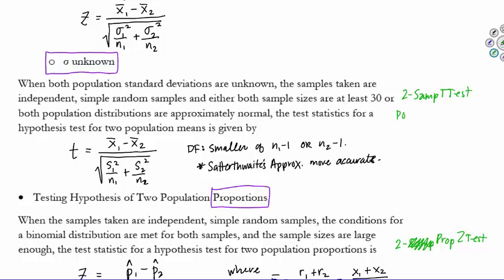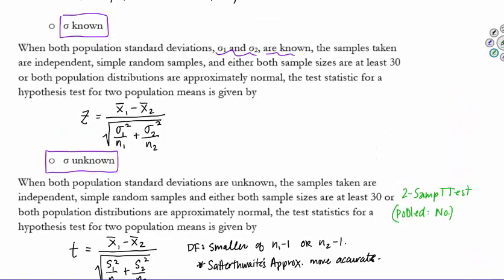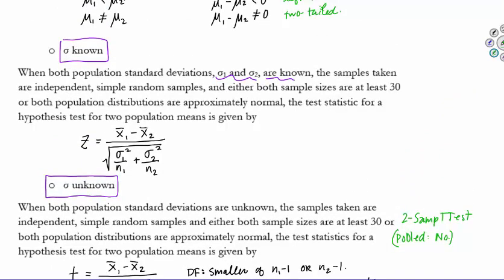When you get to the part that asks if the standard deviations are pooled, the answer is no. And when the population standard deviation is known, we can run this in the calculator by using the 2-sample z-test from the test menu.